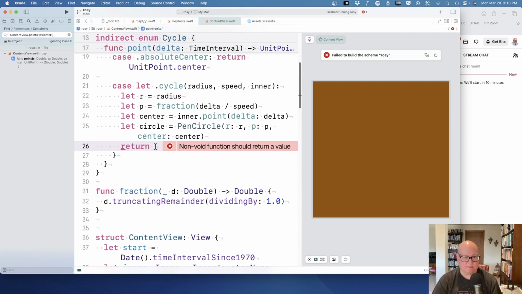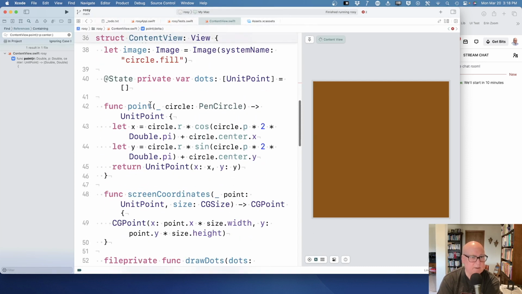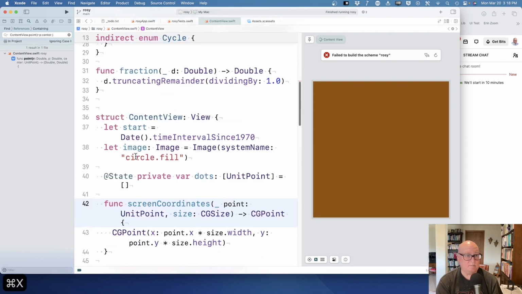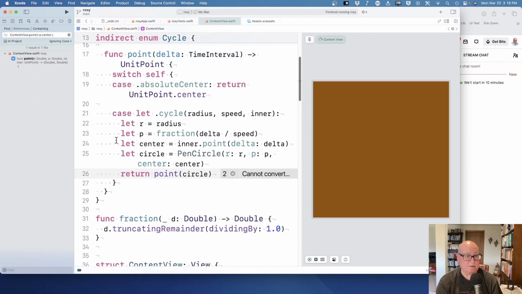I don't know. And point, again, I'm going to pull it up. It really belongs on pen circle, doesn't it?